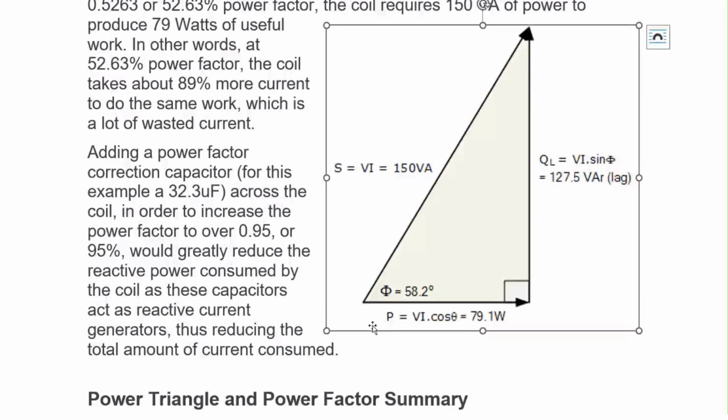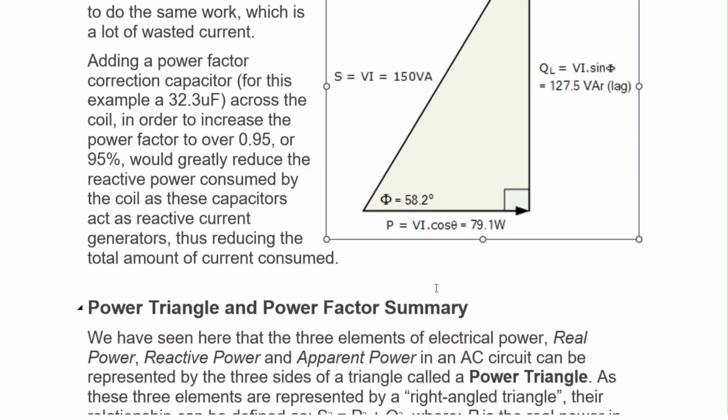So having got the value of P, Q, and S, now you have to substitute these values according to their magnitude. So 79.1 is the least magnitude. So base is small. More than this is 127.5 is the value. So accordingly, this is longer than the base, and hypotenuse is the longest. That is 150 volt ampere in the power triangle.